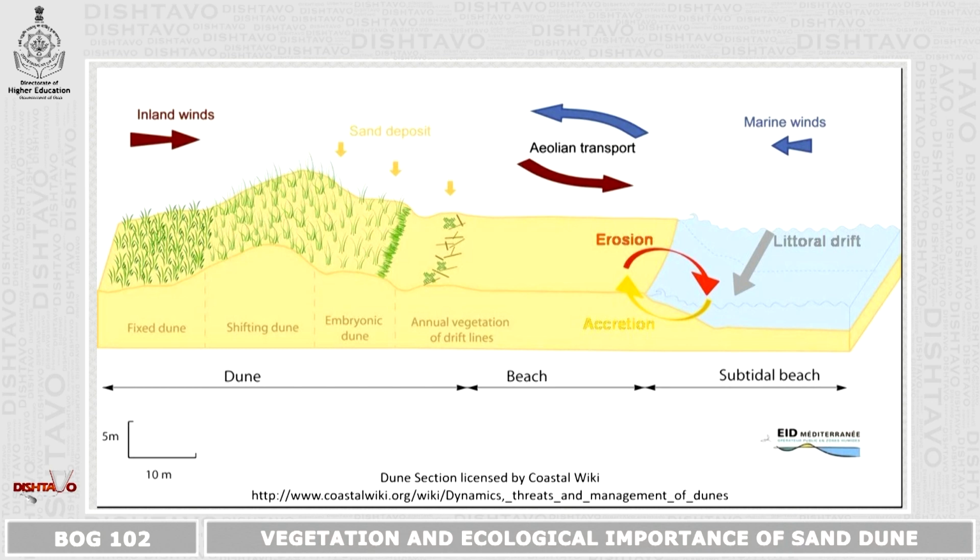Wind transport, that we call as aeolian transport, will take the sand towards the land when the wind is coming from the sea to the land. As the wind moves and as the wave action takes place, erosion will be occurring or accretion. Accretion means collecting of the soil and erosion means drifting of the soil.